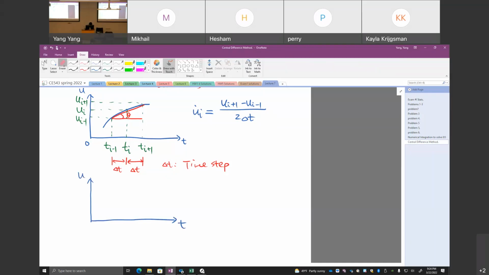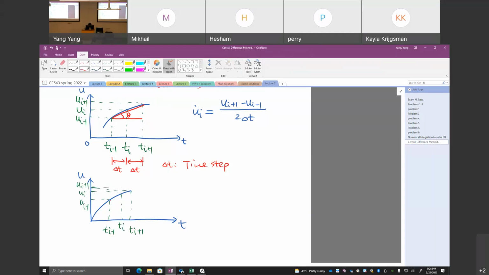We just use the same graph, and similarly we can use the slope.